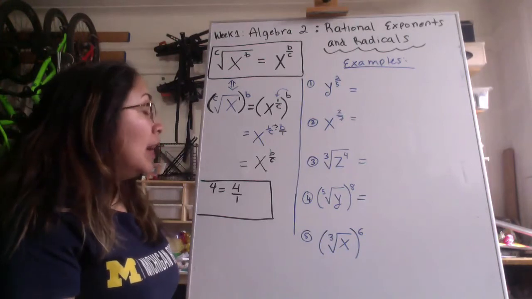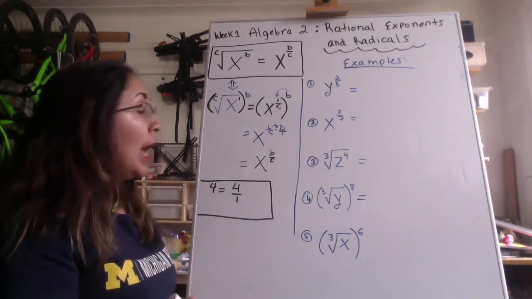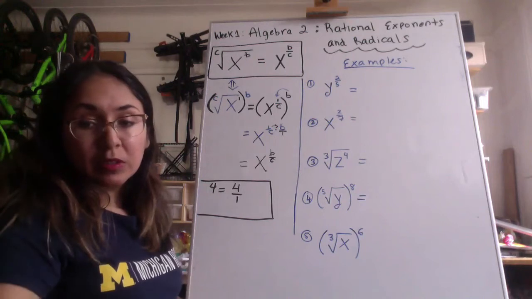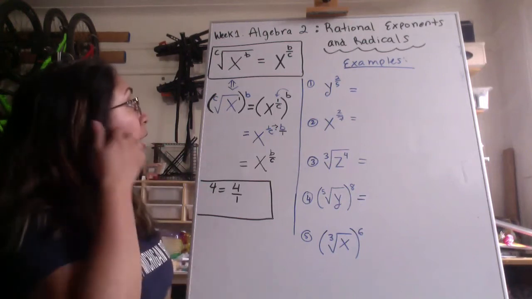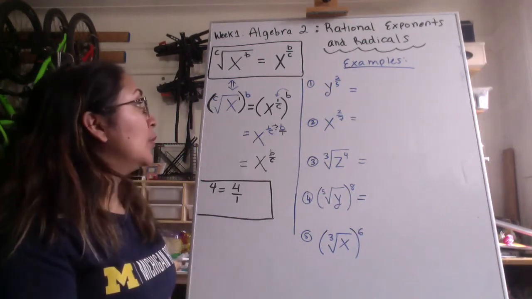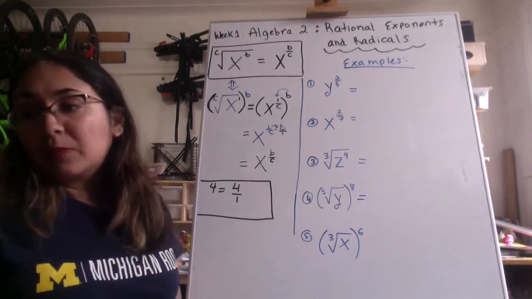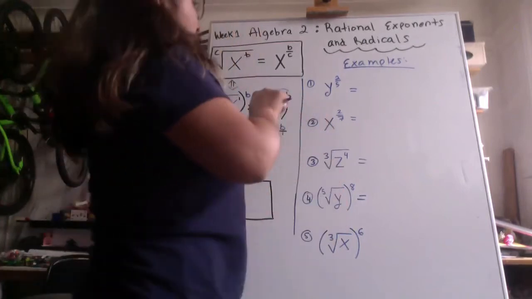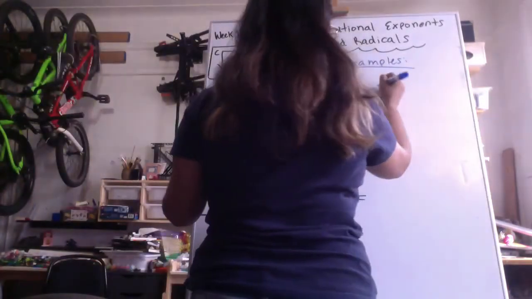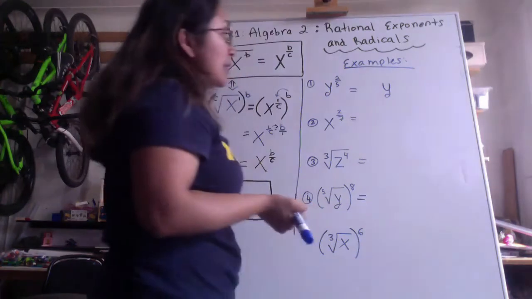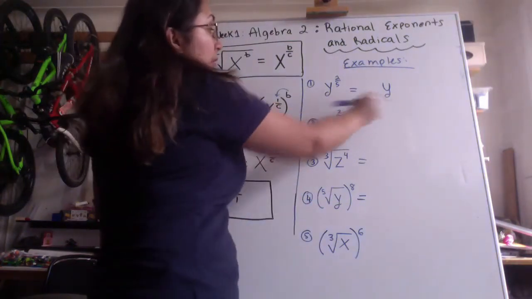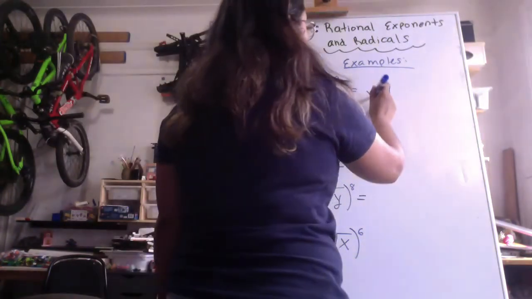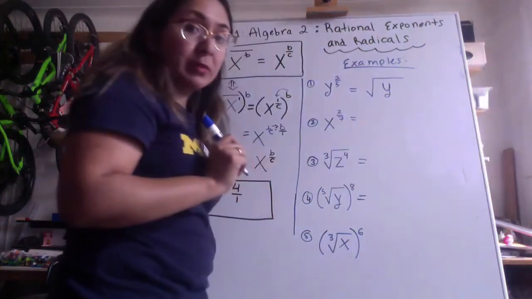We have the first 2 exponential expressions, and we want to rewrite them as radical expressions. So this is equivalent to the base is the same. I'm going to go ahead and put my radical symbol.